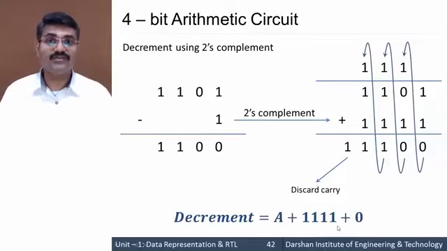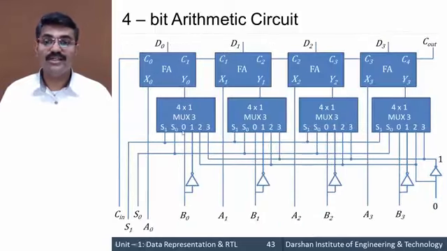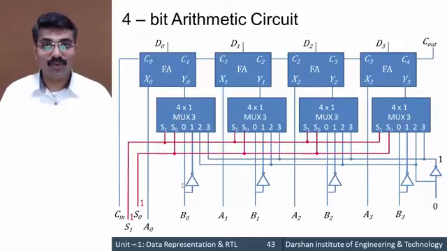Now 1111 is Y. So that means from all multiplexers we require 1 over here. So which line should be selected from the multiplexer? Line 3, because line 3 gives 1 as an input. So if we want to select line 3 from the multiplexer, we need to give inputs S1 and S0 to be 1, 1. And C in we have decided to be 0.